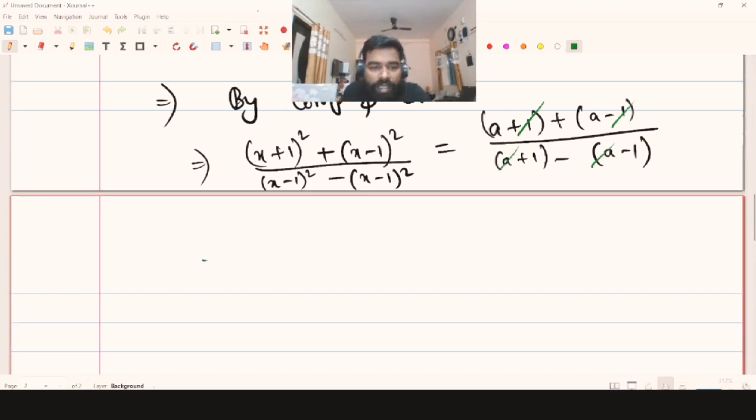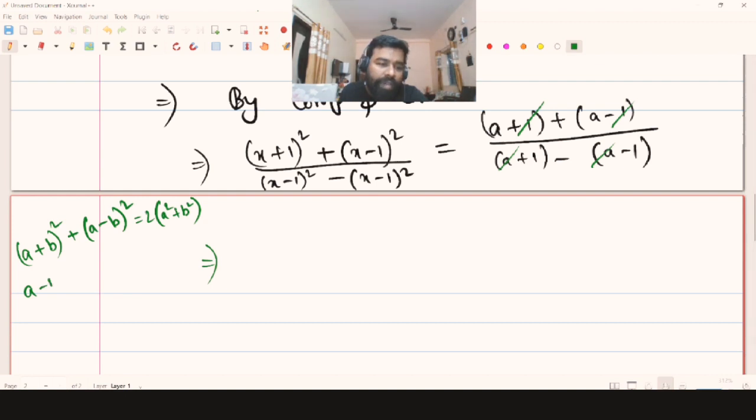So next, in the left hand part you get a formula that is, I'll write here, a plus b whole square plus a minus b whole square is equal to 2 times a square plus b square. This is the formula which I'm going to use in the numerator.